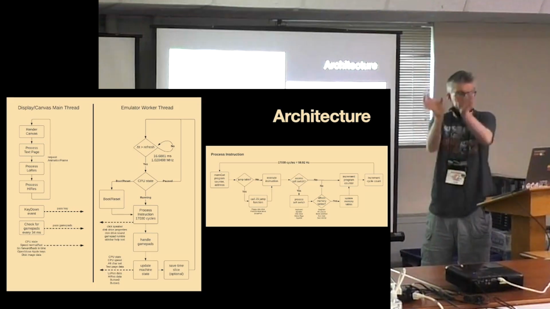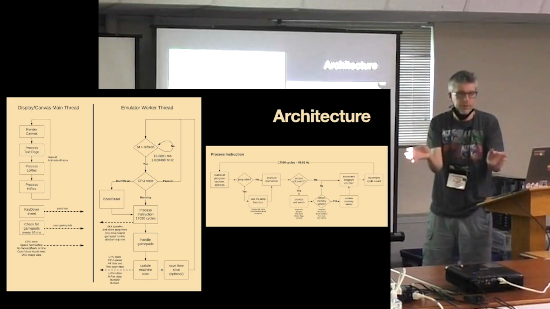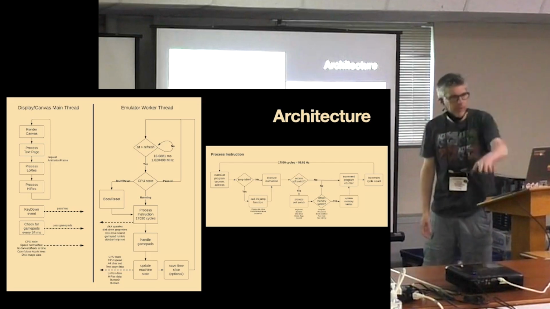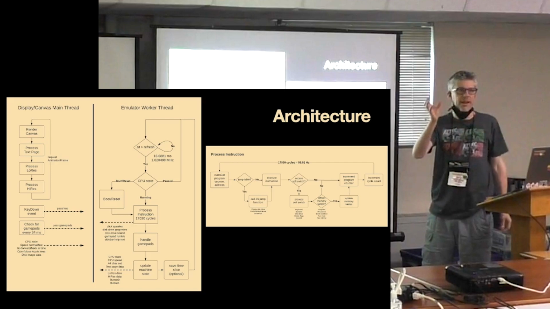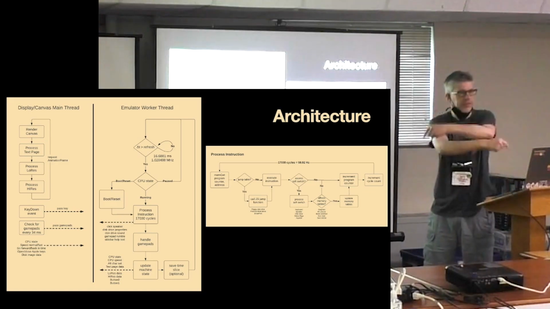I've split those into two separate threads, or processes, in the browser. You have the main process, which is displaying what looks like an Apple IIe, and then you have the Apple IIe itself, the 6502, running in a completely separate worker thread in JavaScript, and they just communicate back and forth.